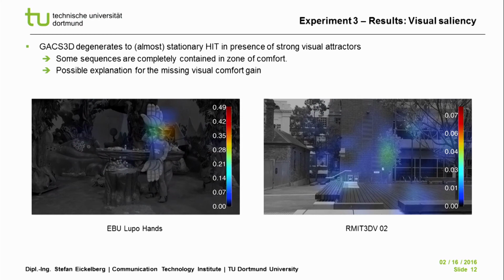The heat maps are overlaid, and most subjects would only look at the head or the hands. So this makes Ghek's 3D degenerate, as noted, and due to that, most of the sequences were actually placed right in the zone of comfort, which might explain why we could not observe a serious gain as far as the visual comfort is concerned.